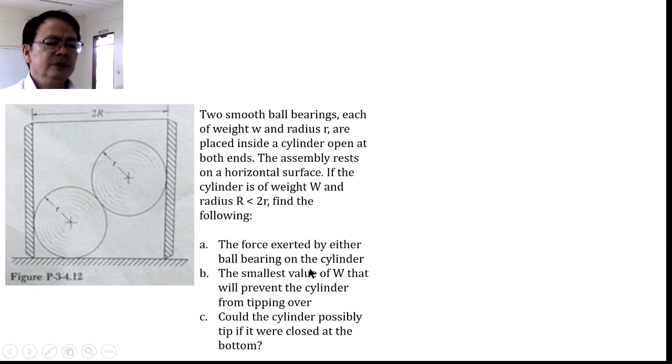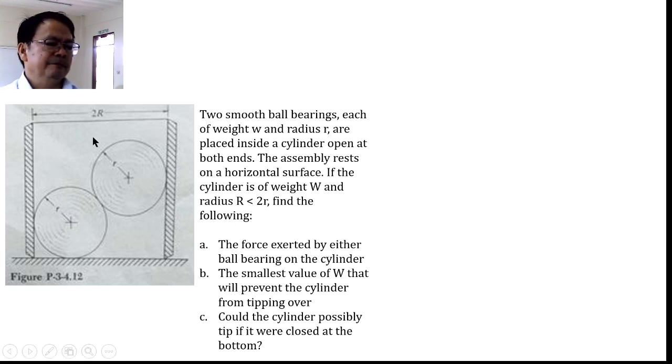Letter A, the force exerted by either ball bearing on the cylinder; the smallest value of W that will prevent the cylinder from tipping over; and the question of could the cylinder possibly be tipped if it were closed at the bottom. So bago natin solvein ang problem guys, medyo i-analyze muna natin ang problem para maunawaan natin mabuti.